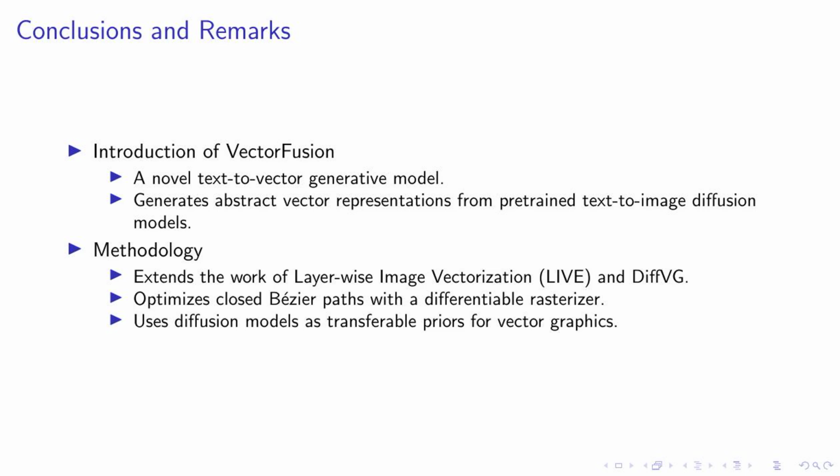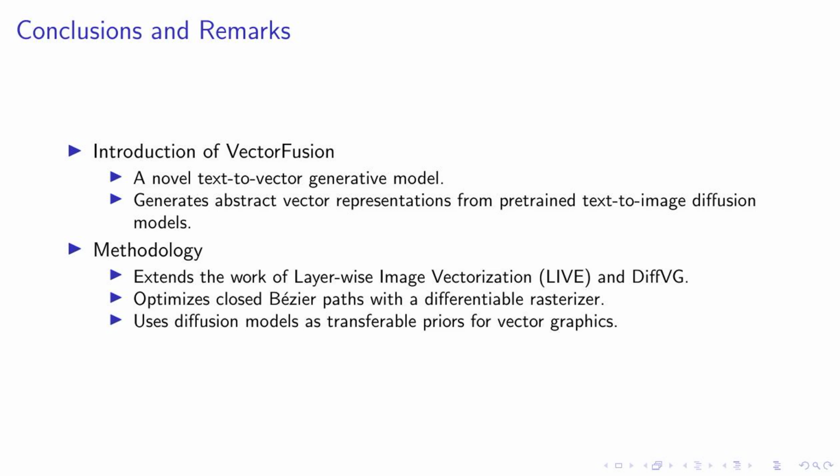We've developed vector fusion, a groundbreaking model that transforms text into vector graphics. This model generates abstract vector representations by leveraging pre-trained text-to-image diffusion models. In terms of methodology, VectorFusion builds upon the layer-wise image vectorization and Diffusion, optimizing closed Bezier paths with a differentiable rasterizer.